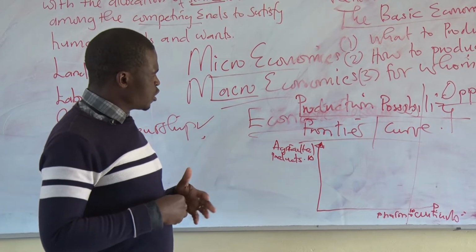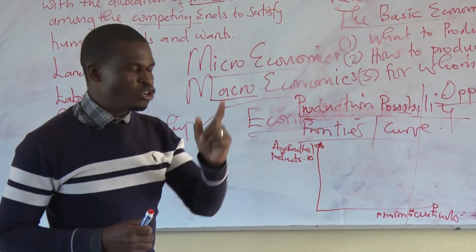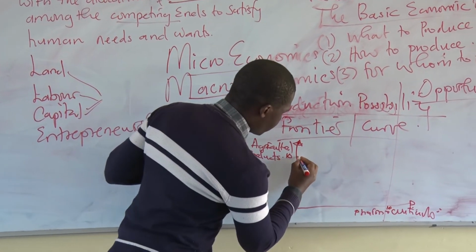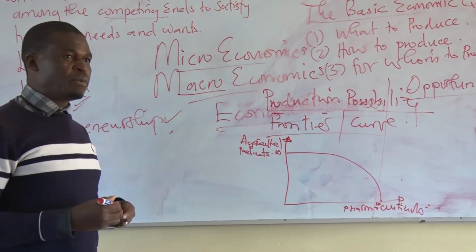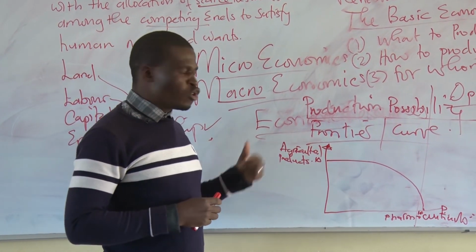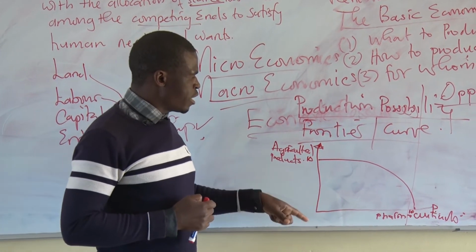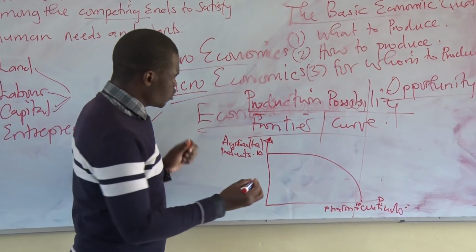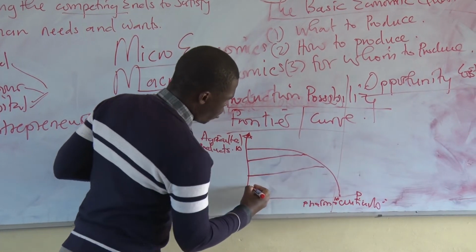If this nation is producing 10 units of agricultural products, it means they are also producing 0 units of pharmaceuticals. They've got only 2 options. So with this curve, it's concave in nature like this. I will explain the reason, right? They cannot produce more of agricultural products without foregoing some pharmaceutical products. For them to produce more of agricultural products, they've got to produce less of pharmaceutical products.